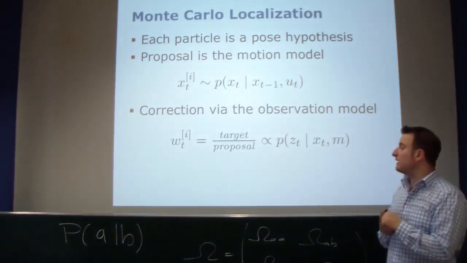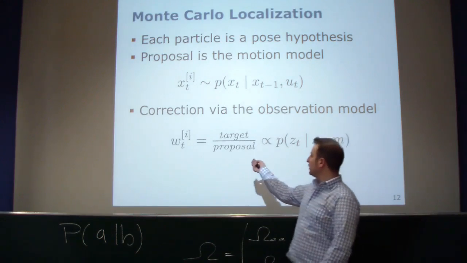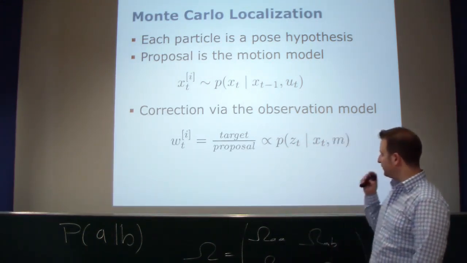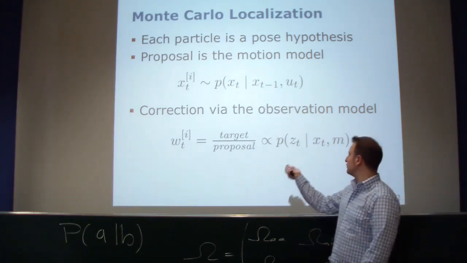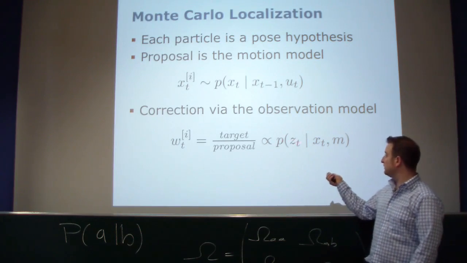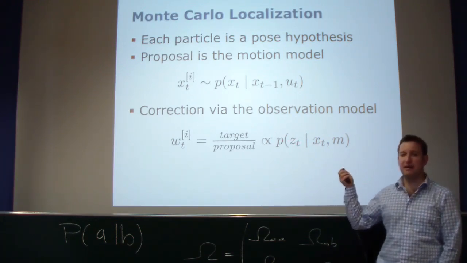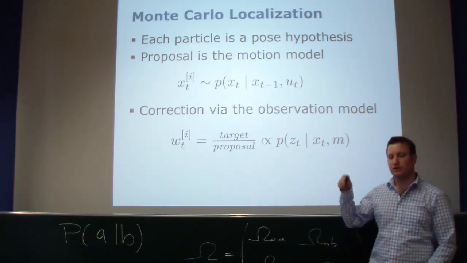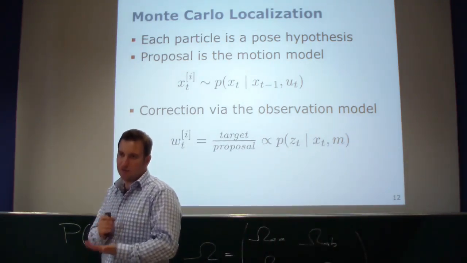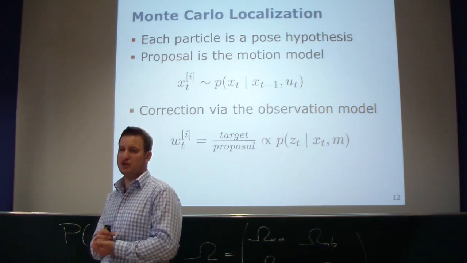Then I do the correction step where I divide the target by the proposal distribution. For the particle filter you can derive that this is a term which is proportional to the observation likelihood, so P of zt given xt and the map. For every particle distributed in space, you look at how well the position of the particle explains the observation I get.